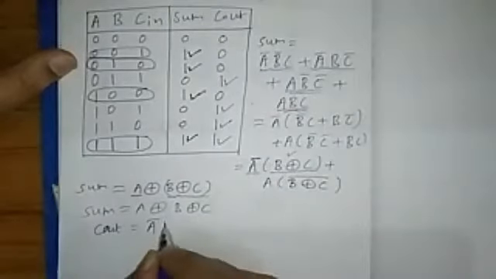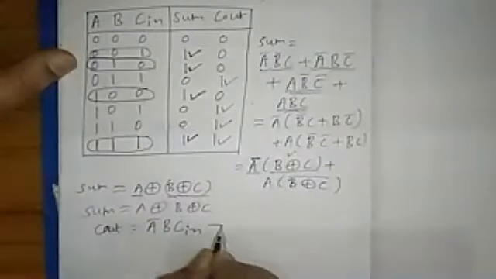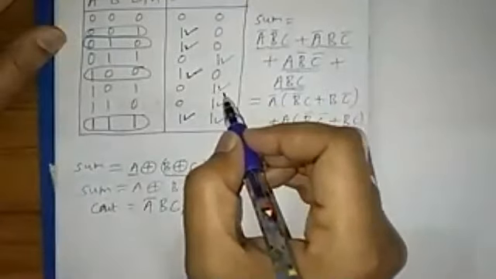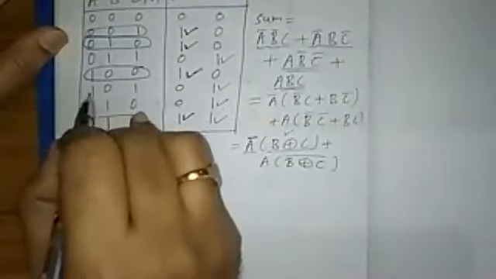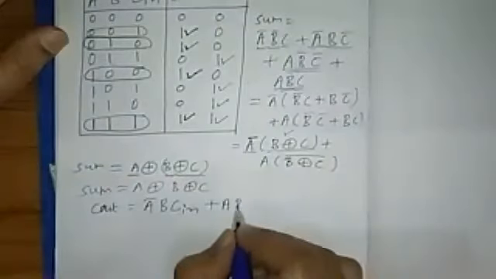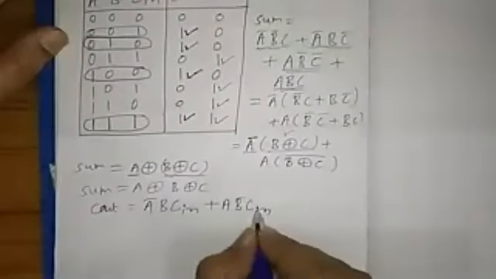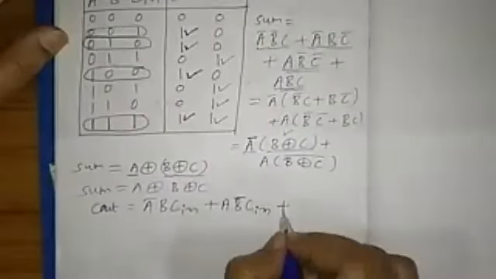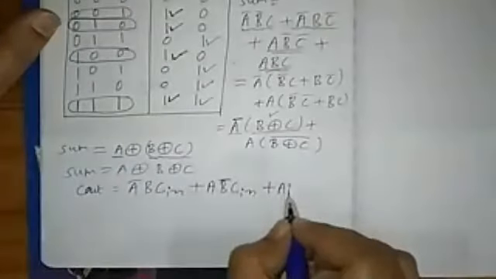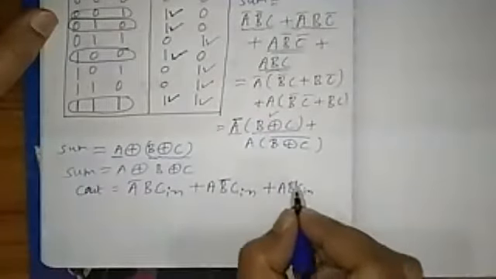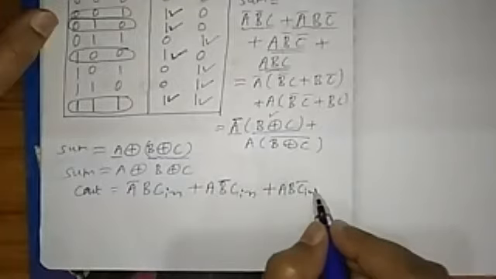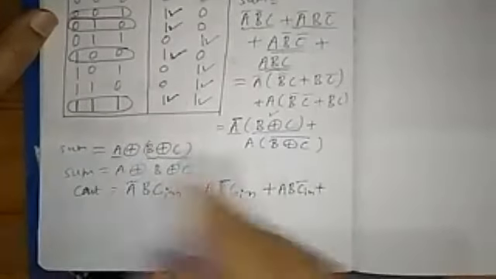Therefore A bar B Cin plus, second one, for here A B bar Cin. A B bar Cin. Okay, plus for this A B Cin bar. A B Cin bar. Okay, and plus last one ABCin.